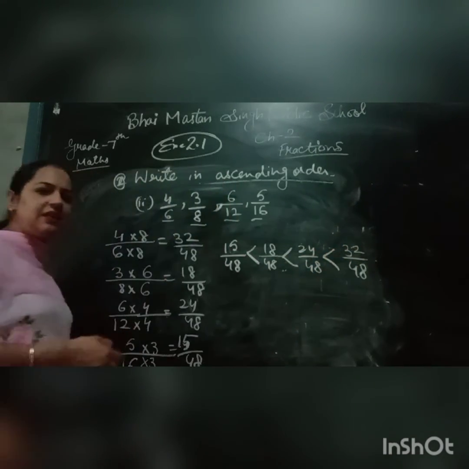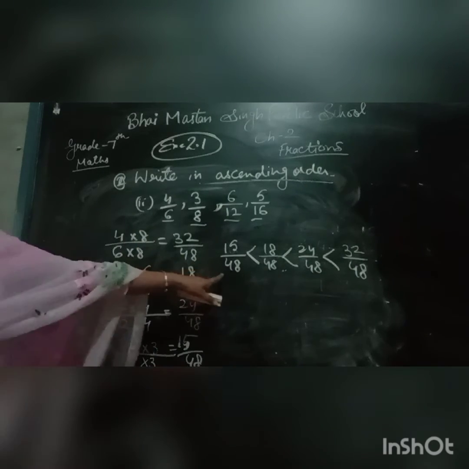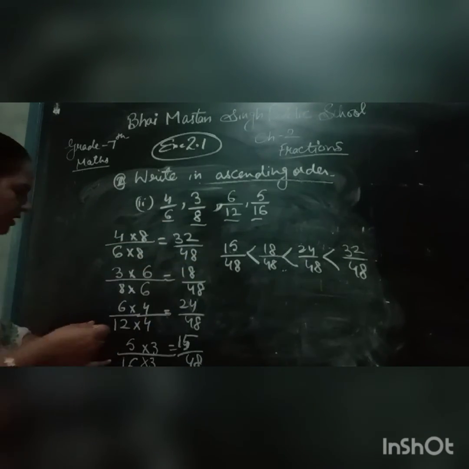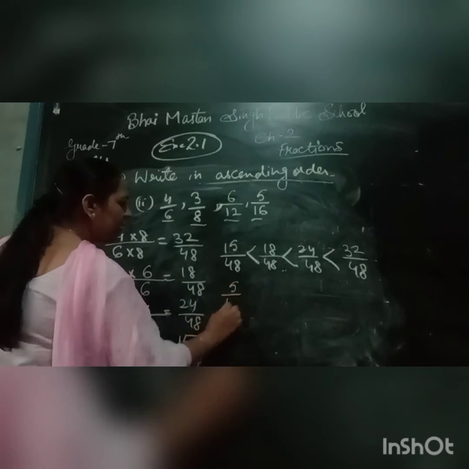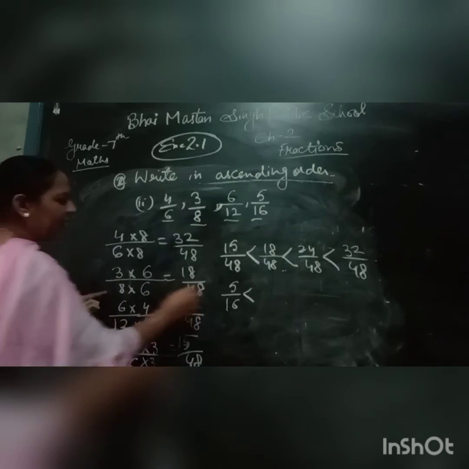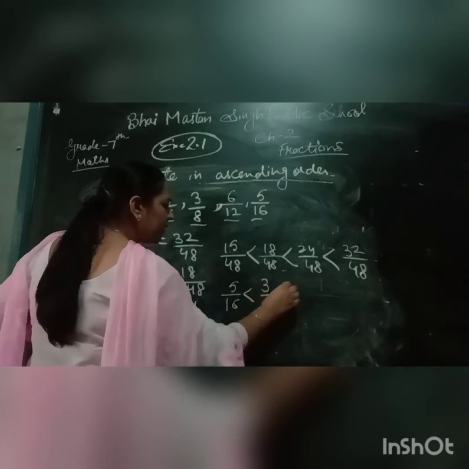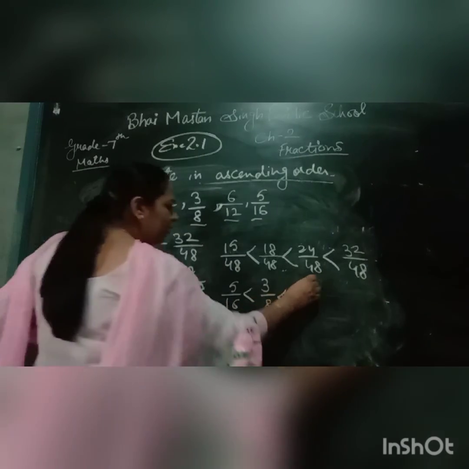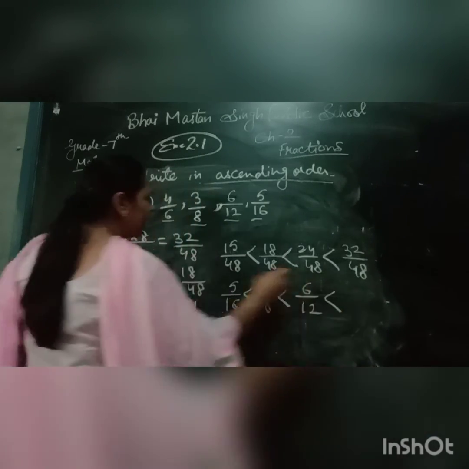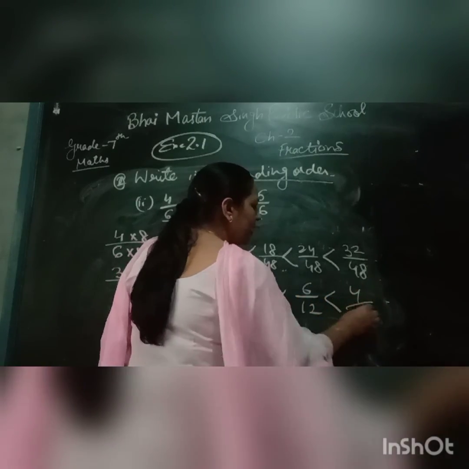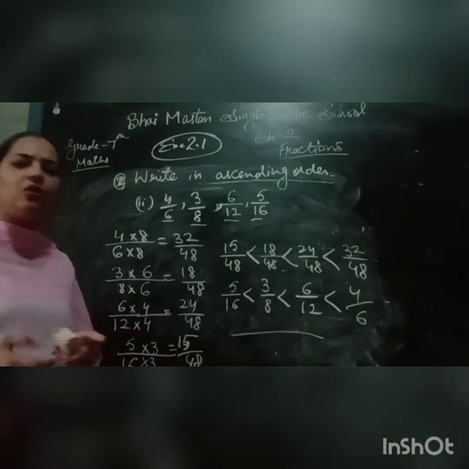Now 15 by 48 comes from 5 by 16, so I have written 5 by 16. 18 by 48 comes from 3 by 8, so I have written 3 by 8. 24 by 48 came from 6 by 12. And next is 32 by 48, it's 4 by 6. So I have changed them into ascending order.